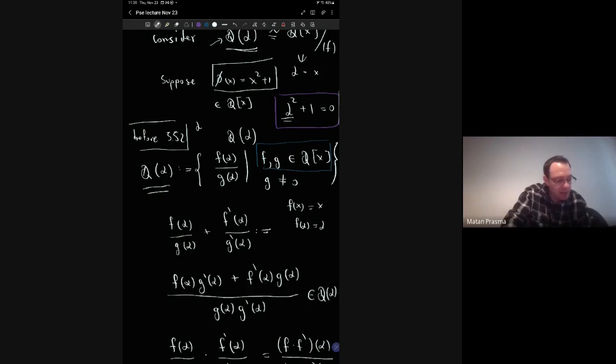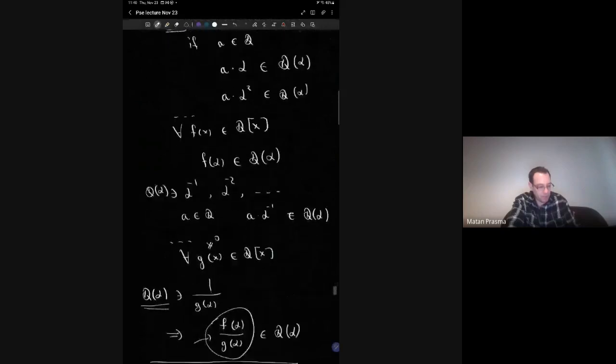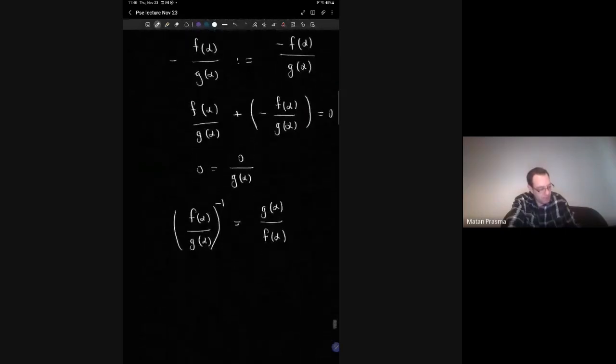But in our case, we also want that alpha would satisfy this relation, this alpha squared plus 1 equals 0. So that's not a problem. In our case, we have phi of x is x squared plus 1.